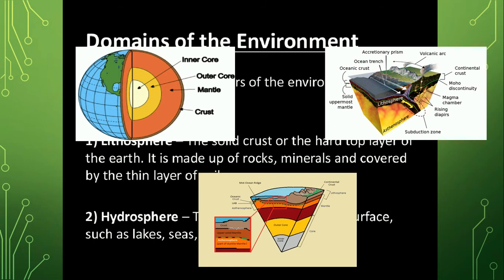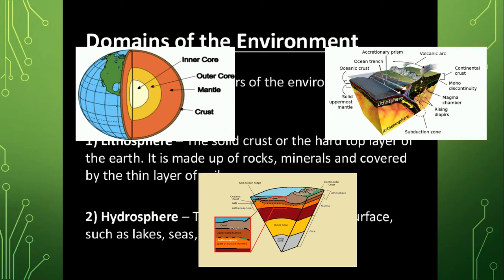Lithosphere is made up of rocks, different types of rocks, metamorphic and igneous rocks, and different types of minerals, and is covered by a thin layer of soil. Lithosphere is an irregular surface containing landforms like mountains, plateaus, plains and valleys.